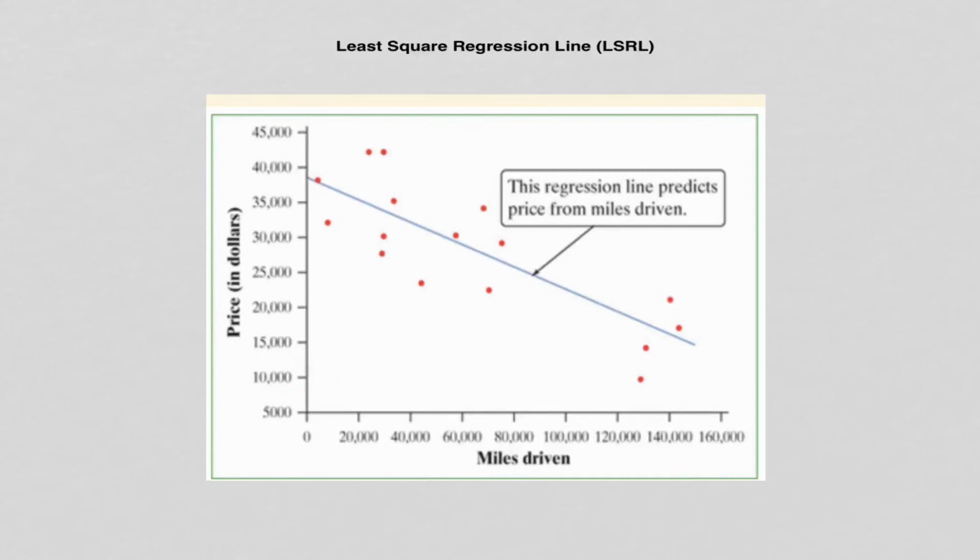That's what they're telling you. However, based on this line, 130,000 miles will be worth this much, 16 or 17,000, based on what? Based on the regression line. That is not observed, that is predicted by the line.